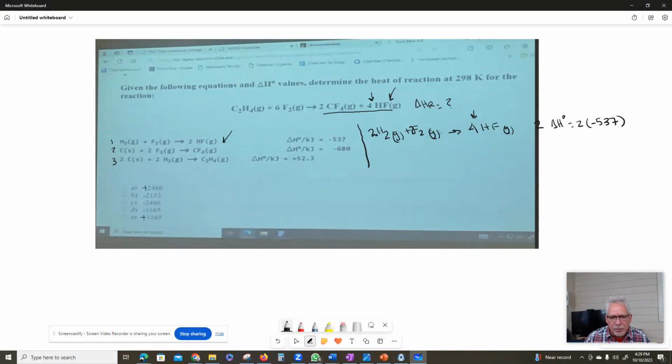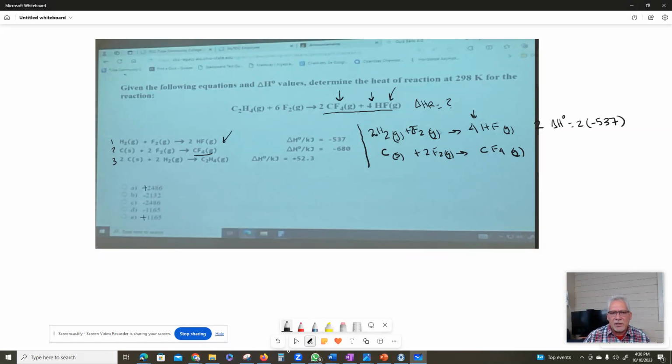The second product that we have here is carbon tetrafluoride, and I have here as a product the same compound. So let me try this one: carbon solid plus 2 fluorine gas forming carbon tetrafluoride. That will be this compound here.